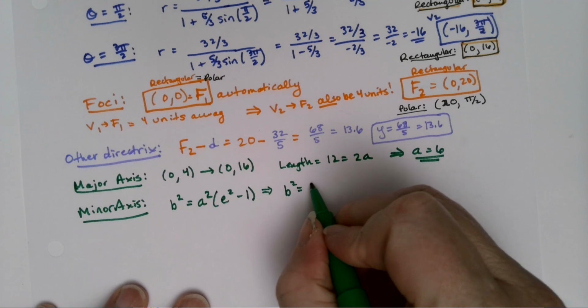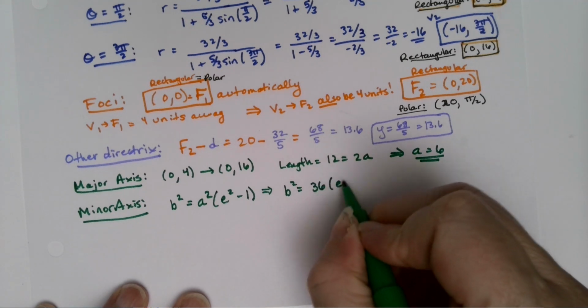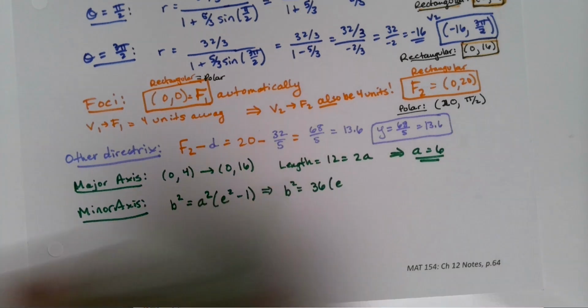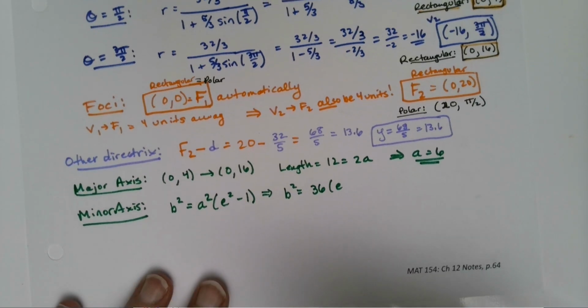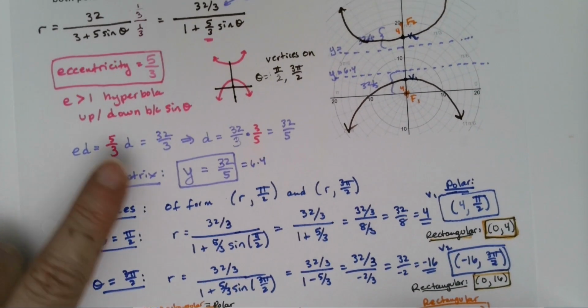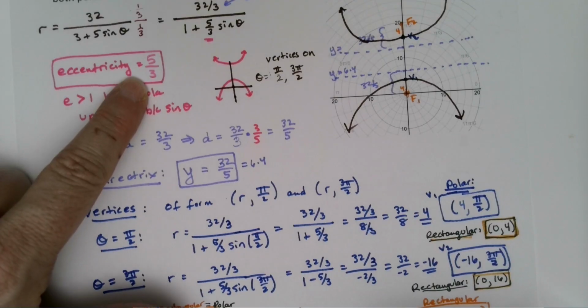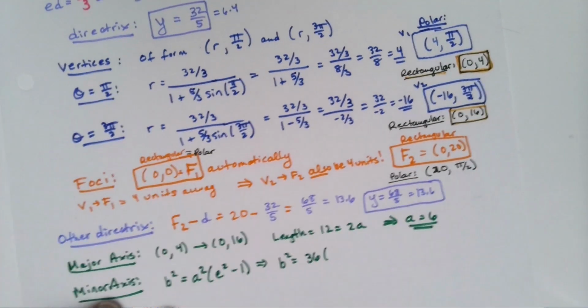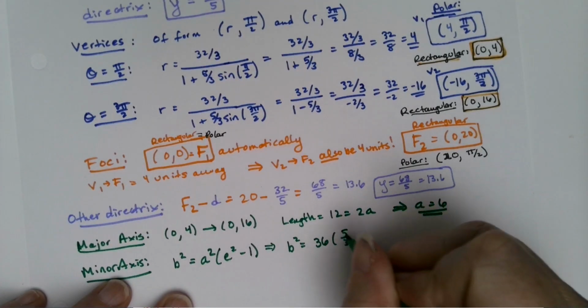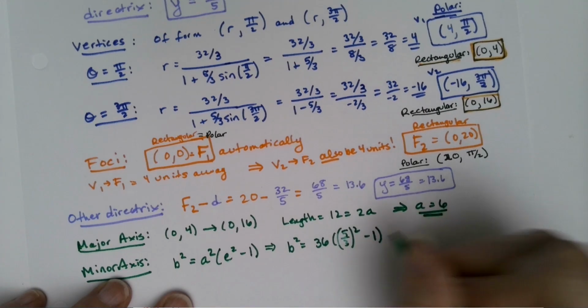Okay, but I know that a squared is 6 squared. So that's 36 times e squared minus 1, but I know what e is. I found e a long time ago. It's up here. It's 5/3 right there, right? So I can put that in. So that's 5/3 squared, take away 1.